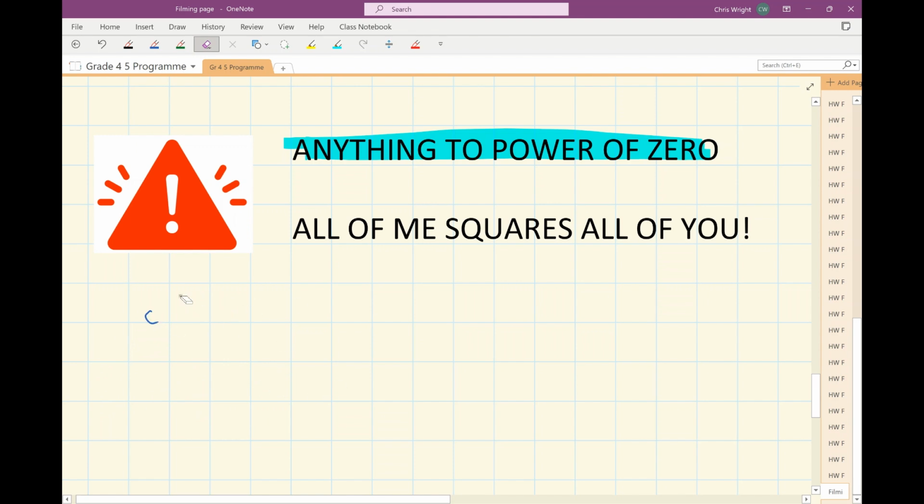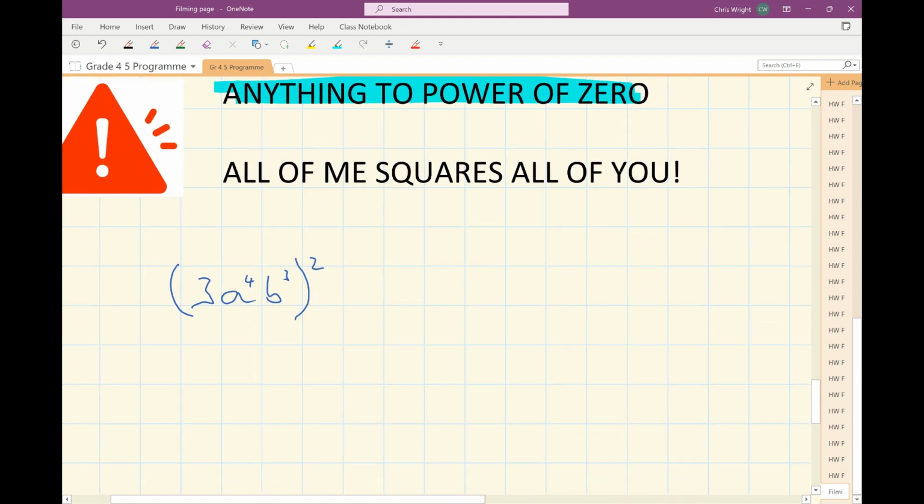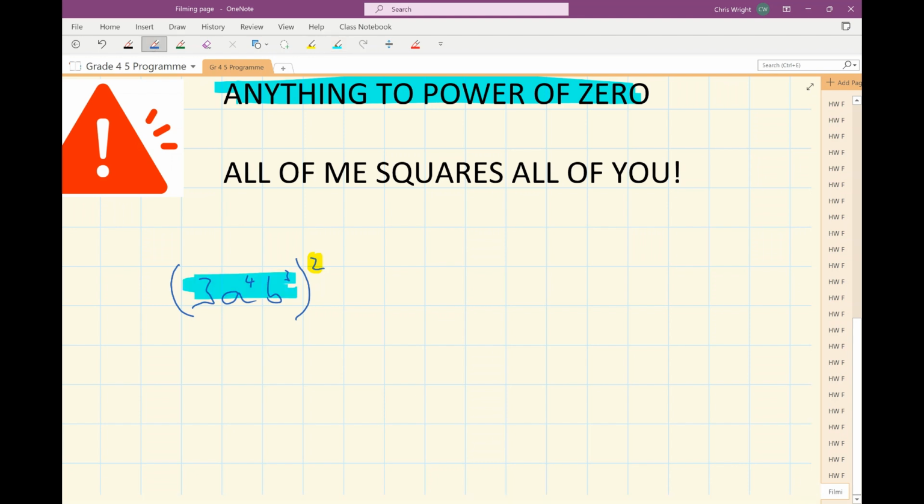And secondly, this is what I call all of me squares all of you. And there's a song that sounds a bit like that. If you had this, 3a to the 4, b to the 3, and you squared it, then you need to remember that all of me squares all of you. What we're going to do is we're going to square each thing in the bracket.